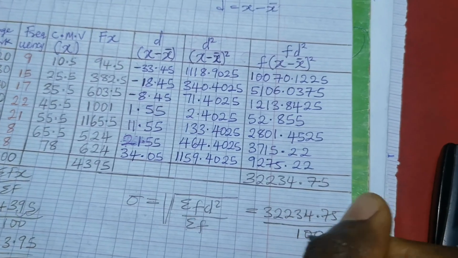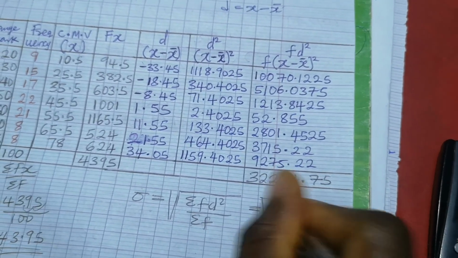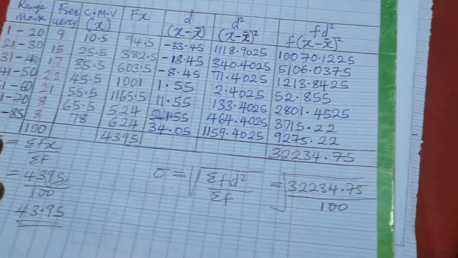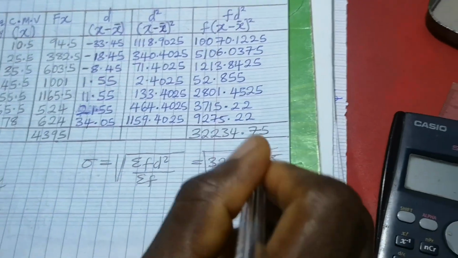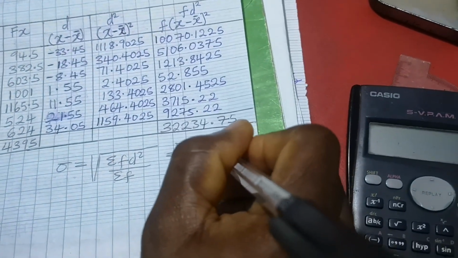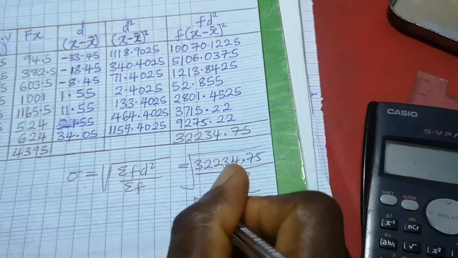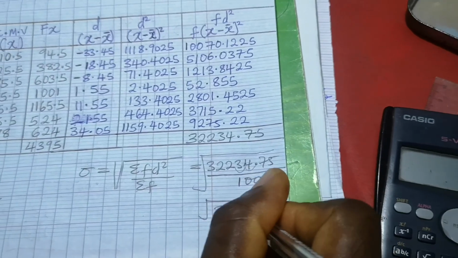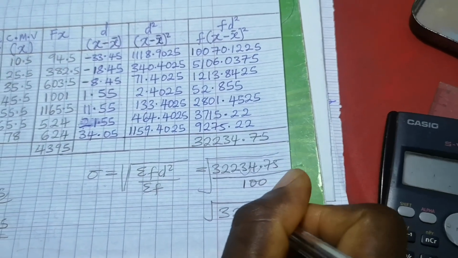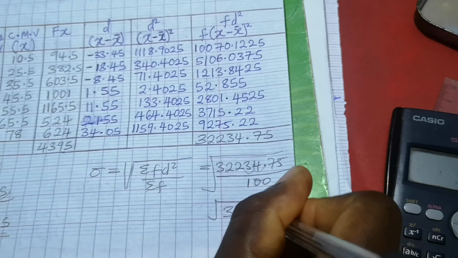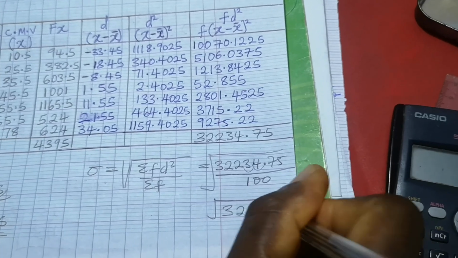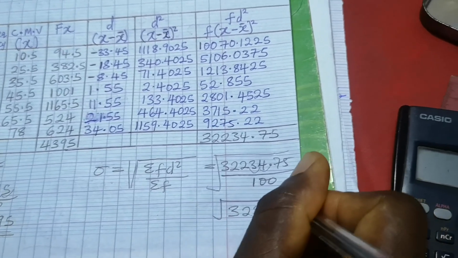So we have it as 100, then this is square root. If you now divide by 100, you have 322.3475.